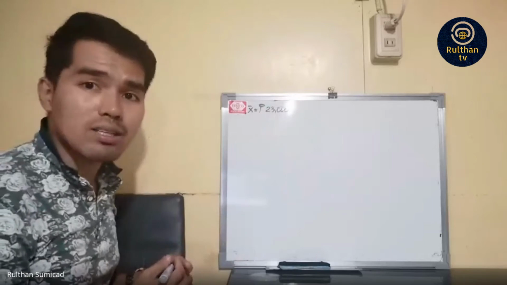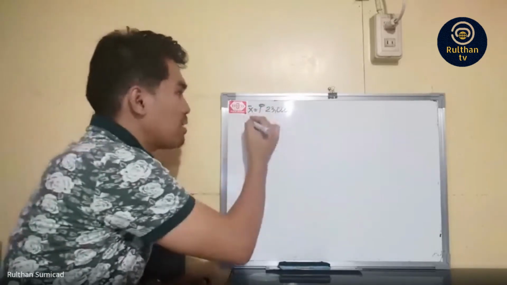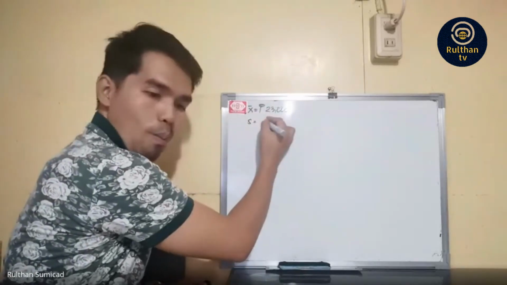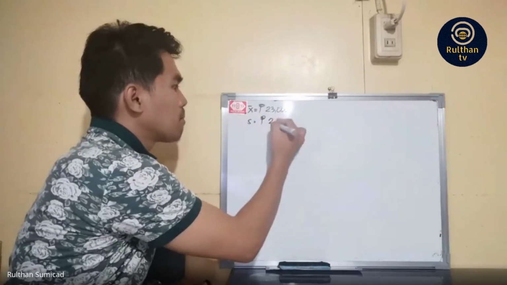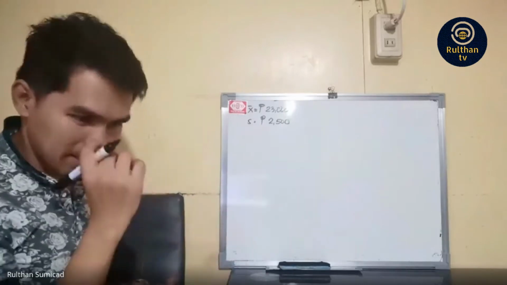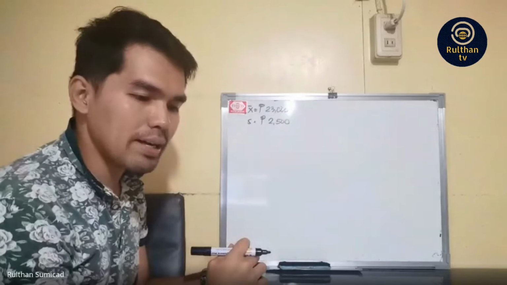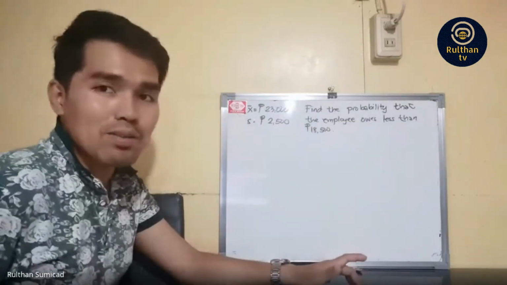That's the average loan of their employees in Pag-IBIG, with a standard deviation of 2,500. Okay, that's the average, that's the standard deviation. Now, the question asked here: find the probability that the employee owes less than 18,500.